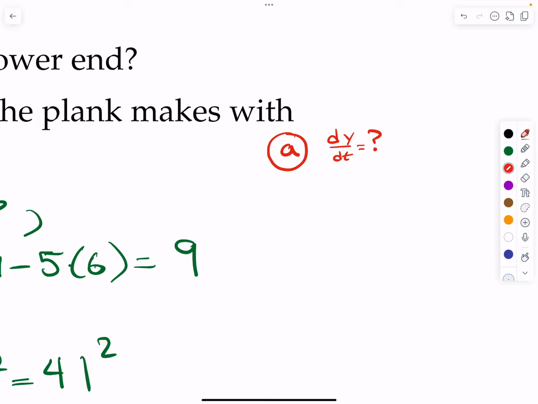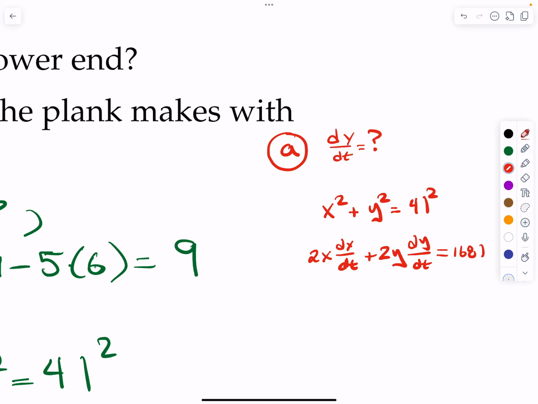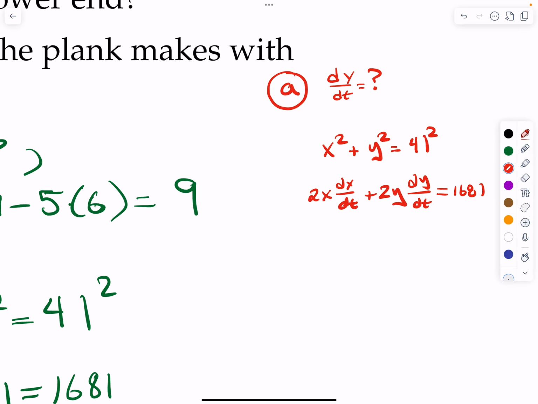So we have this relationship, and now we're going to do the derivatives. 2x dx over dt plus 2y dy over dt is equal to the derivative of 1681, which is a constant, and the derivative of a constant is 0.